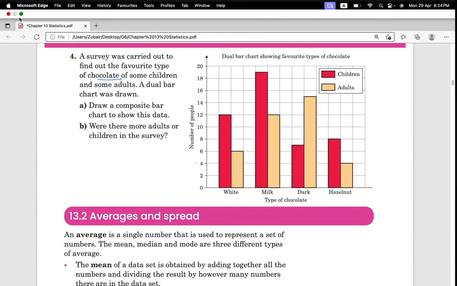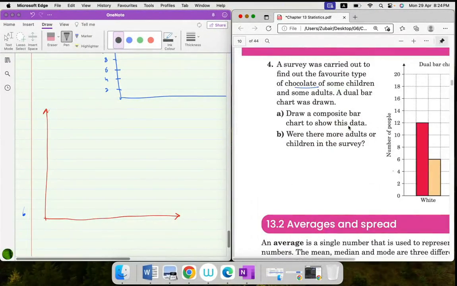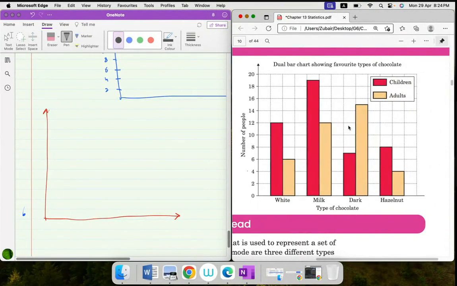I'm talking about children, and I can see 12 of those, then 12 plus 19 takes it to 31.